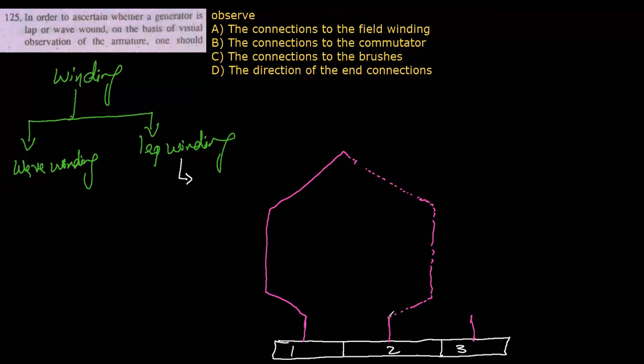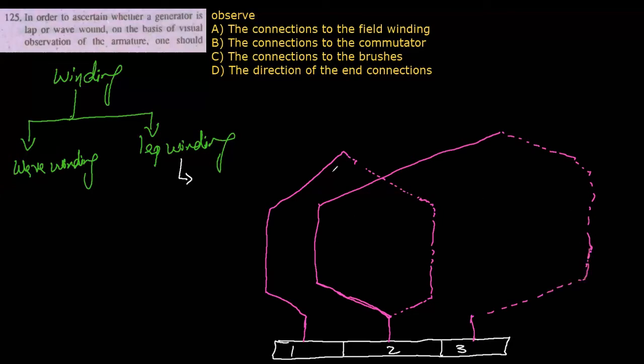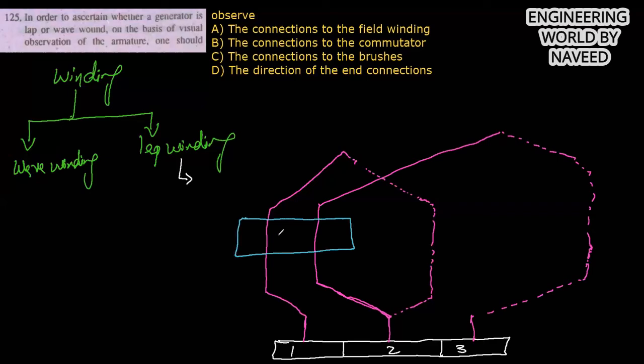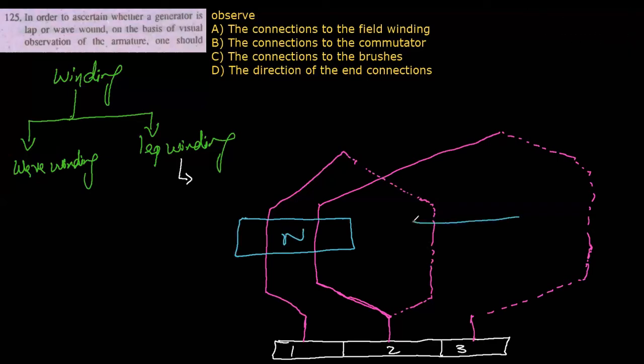Then the starting of the second coil will overlap on the first coil like this. This will be your knot and these two will be your sound.